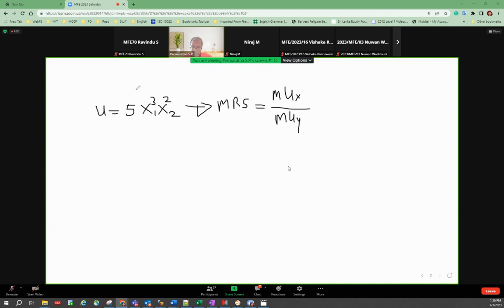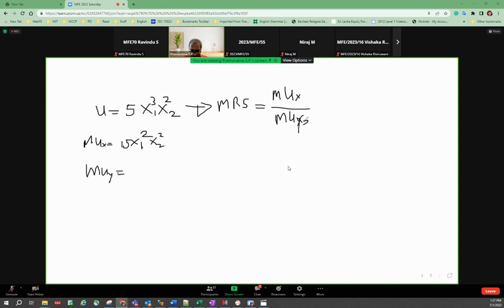So finding this MUX, the exam question I gave you, I think last time I explained already, you get 2 marks. So that is very easy. So that becomes the marginal utility of X. The marginal utility of Y, sorry, not Y, X2.